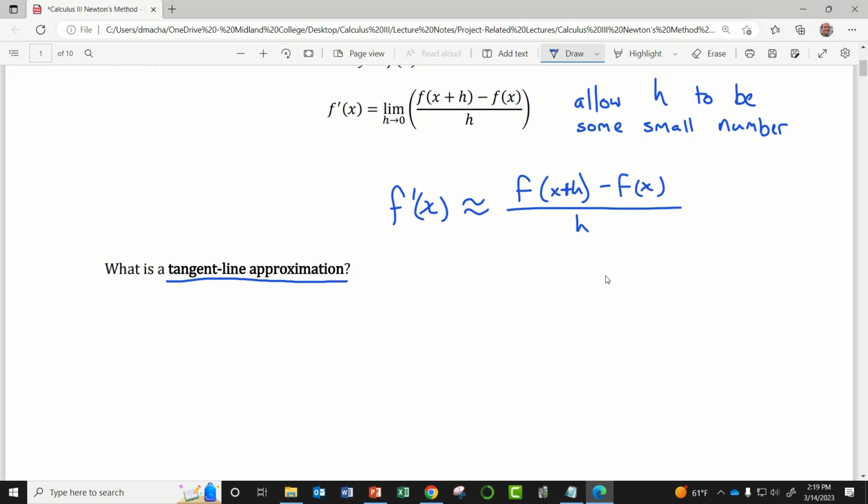Okay? Now let me rearrange this a little bit by multiplying both sides by h and then adding f of x to both sides.